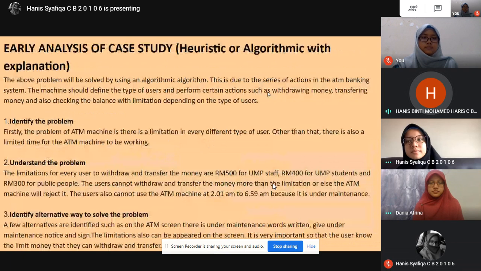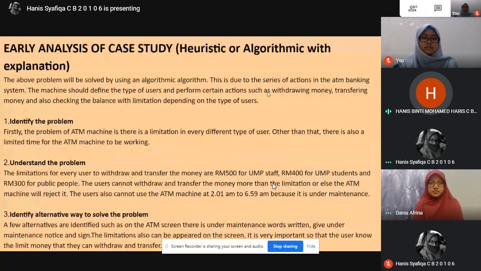For the early analysis of the case study, the above is solved by an algorithm. The problem is there is a limitation for different types of users, and there is also limited time for the users to use the ATM machine.